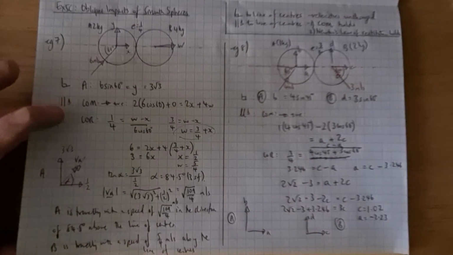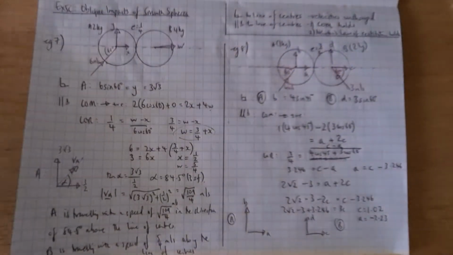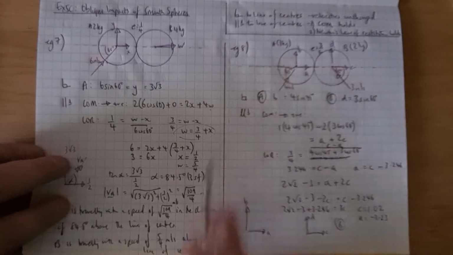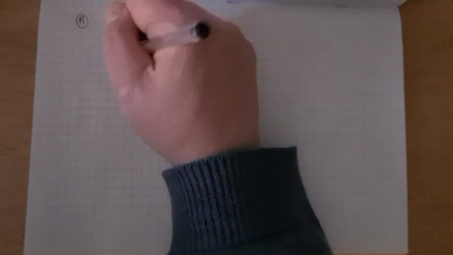If I flick the page and write those answers down, A has bounced back with a speed of 2.23. So this is after the collision.